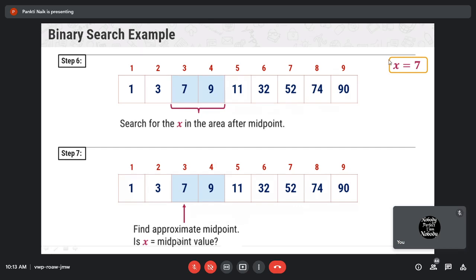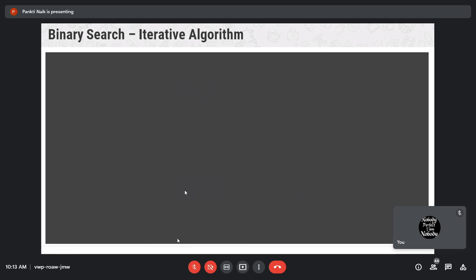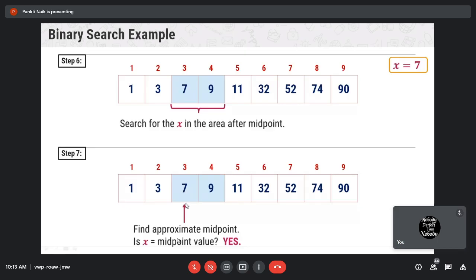Now check whether our key value is equal to our midpoint value. Yes. So this is the end of your binary search divide and conquer algorithm, because you got the key value. You found the key value at position 3 in your array. So this is the binary search.